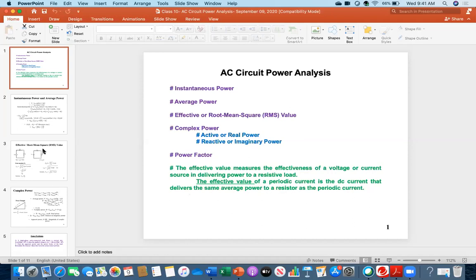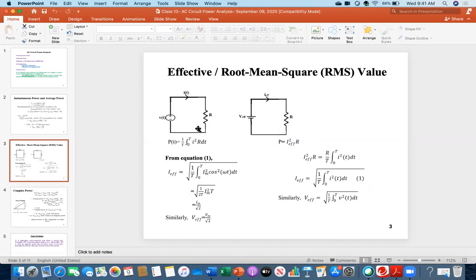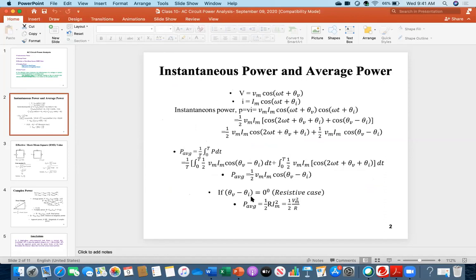Therefore, everybody look at the left side circuit. I have a resistive component. First, I applied the AC voltage, VT. Current flowing is IT. So what should be the power in this circuit? As we have learned, we have to express it in terms of average power, and this was my basic definition of average power.